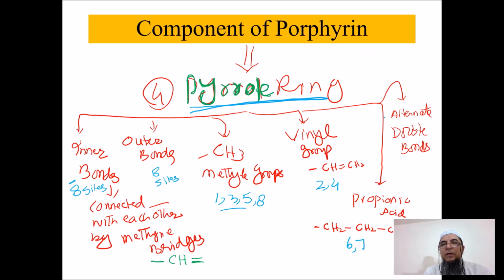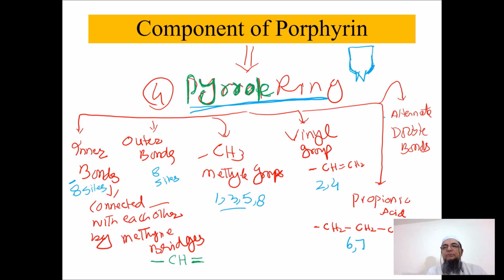Let me make it more clear. First make nitrogen, then like this. My drawing is not good, but anyway, I will try my level best to make it easy for you. Like this. So these are the 4 rings. Now before going to the detail of these 4 rings, let me give you a few important points about this pyrrole ring.